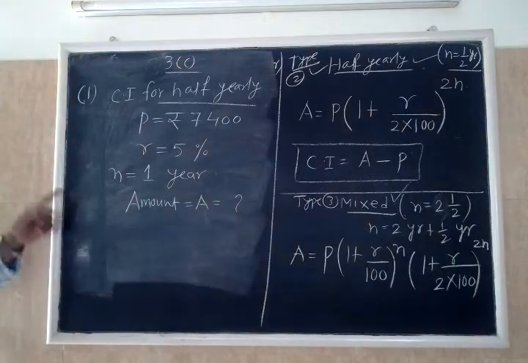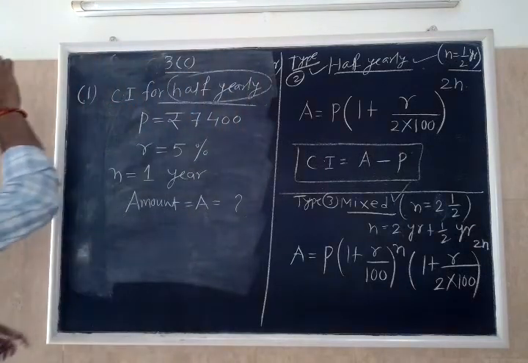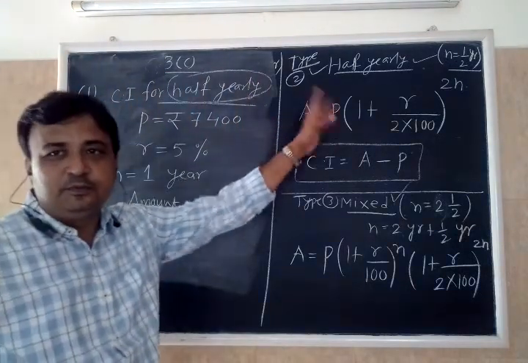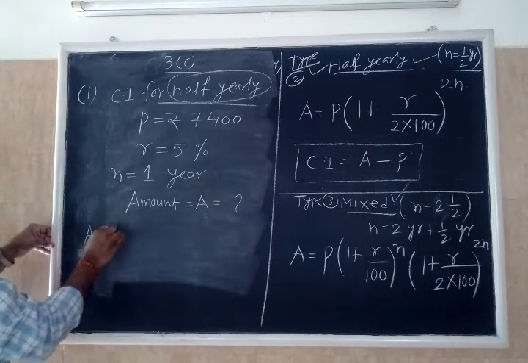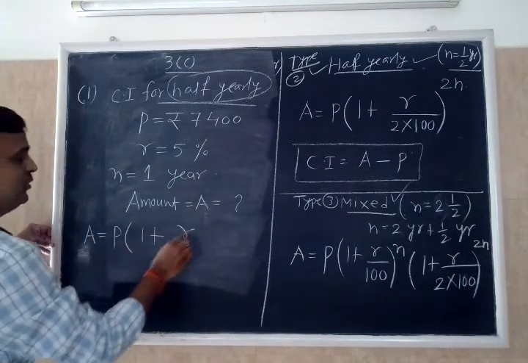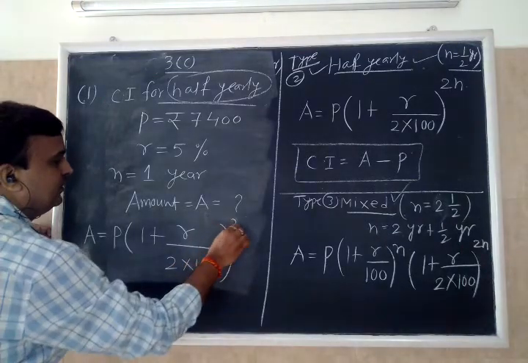Now tell me which formula you will apply. See the word half yearly, so you will apply type 2. You will use the formula A is equal to P into 1 plus R upon 2 into 100 raised to 2n.